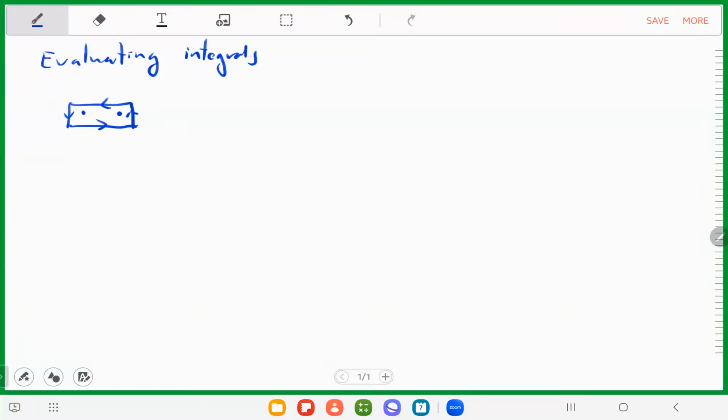And a line integral can somehow be represented as a real integral, because any line can be mapped to the real line, right? Or a segment of the real line. So here, each of the pieces of this integral could represent a real integral.